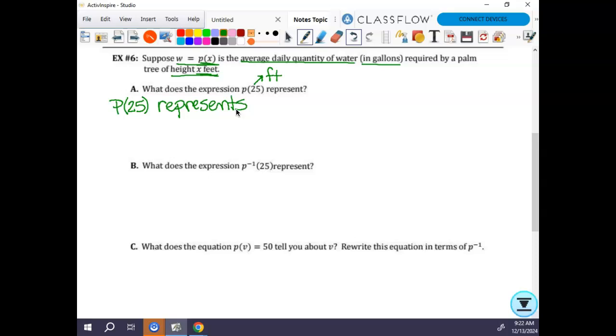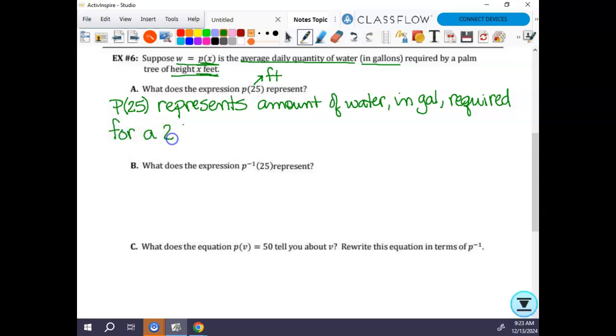So we'll just say represents amount of water in gallons required. Okay, so make sure you always have your units in there. Amount of water in gallons required for a 25-foot palm tree.